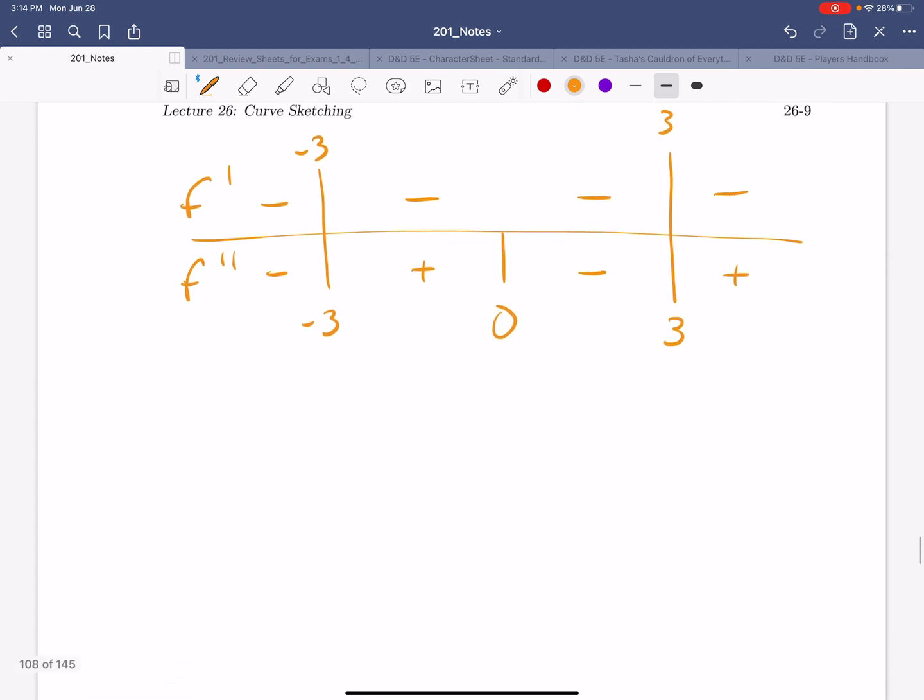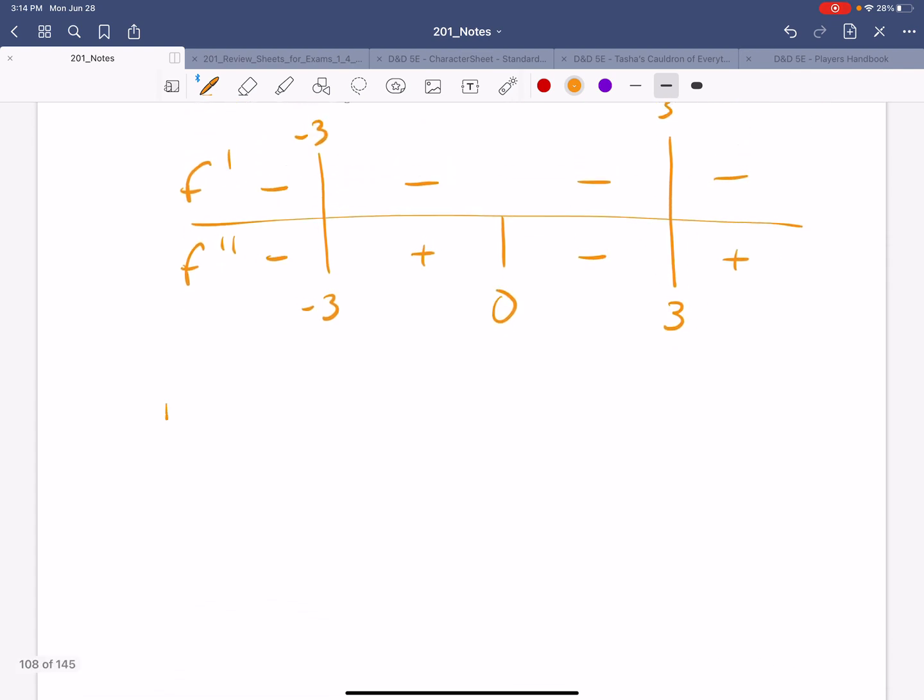All right, anyway, let's write a bunch of stuff down. F is decreasing on its entire domain, right? It doesn't ever seem to be increasing. And never increasing.